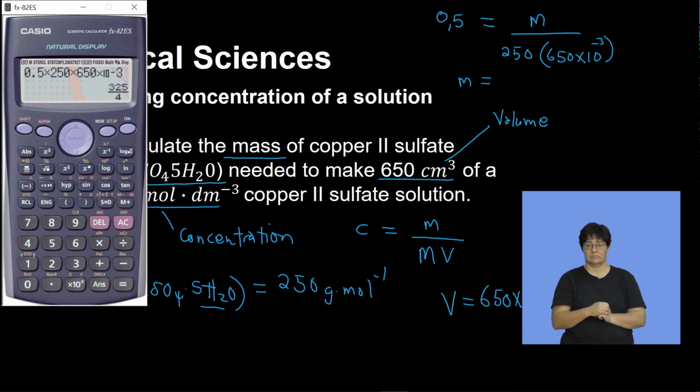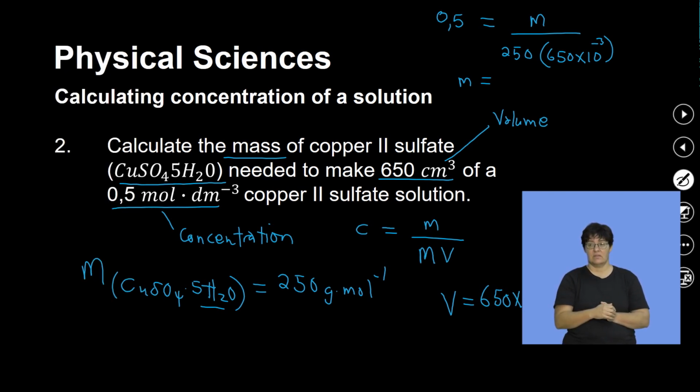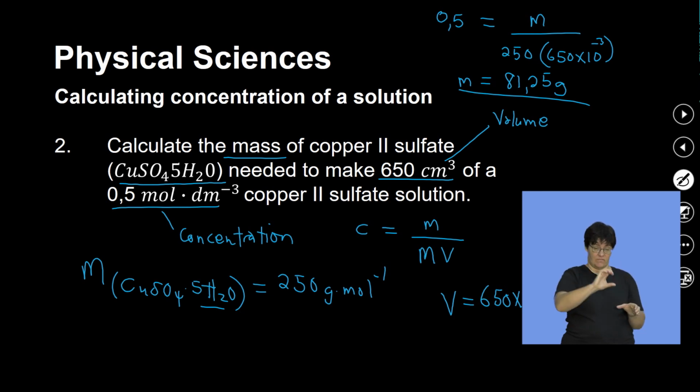What does this give us? It gives us a mass of 81.25. So in other words, 81.25 grams of the copper sulfate must be dissolved to form a solution of a concentration of 0.5. So we can work either way.